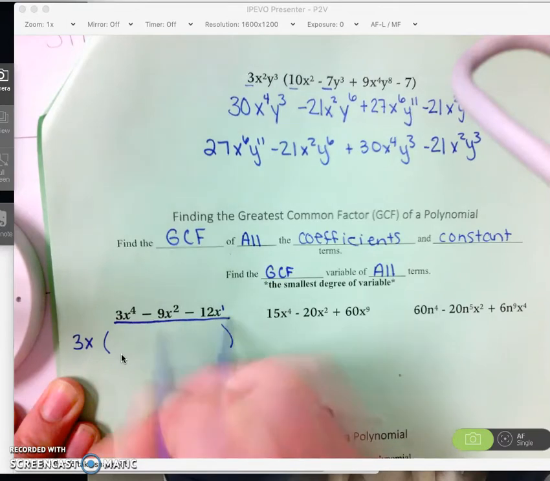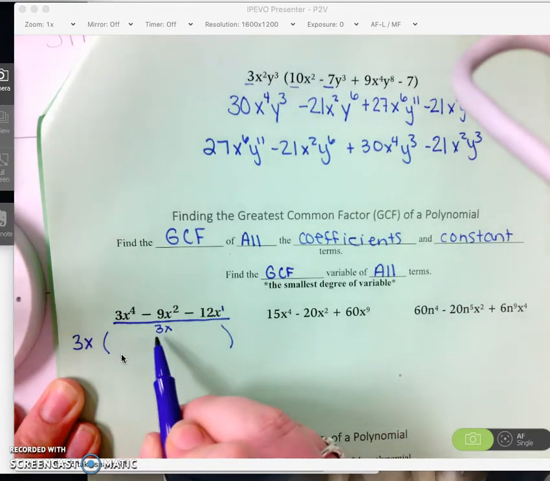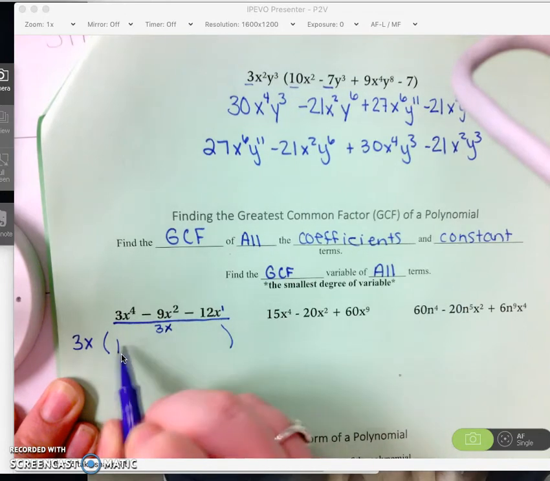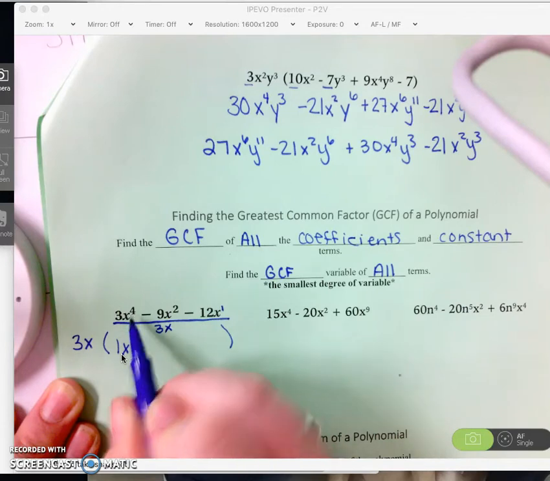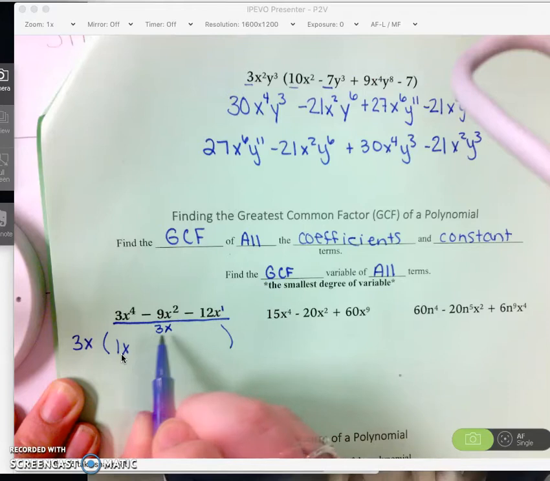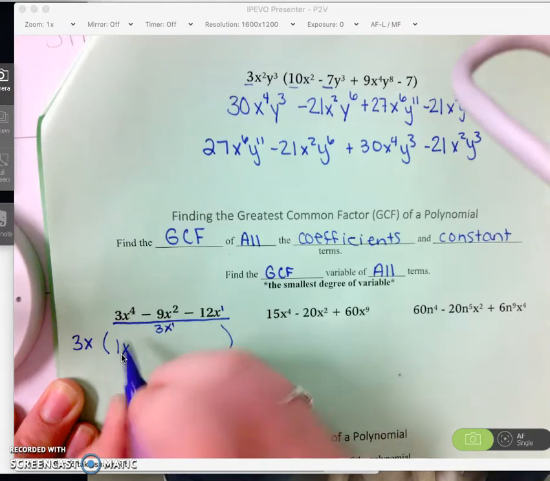I'm dividing each one by 3x. So 3 divided by 3 is 1, and then x to the fourth divided by x. Remember, dividing like bases raised to powers, I'm going to subtract their exponents. So 4 minus 1 is 3.